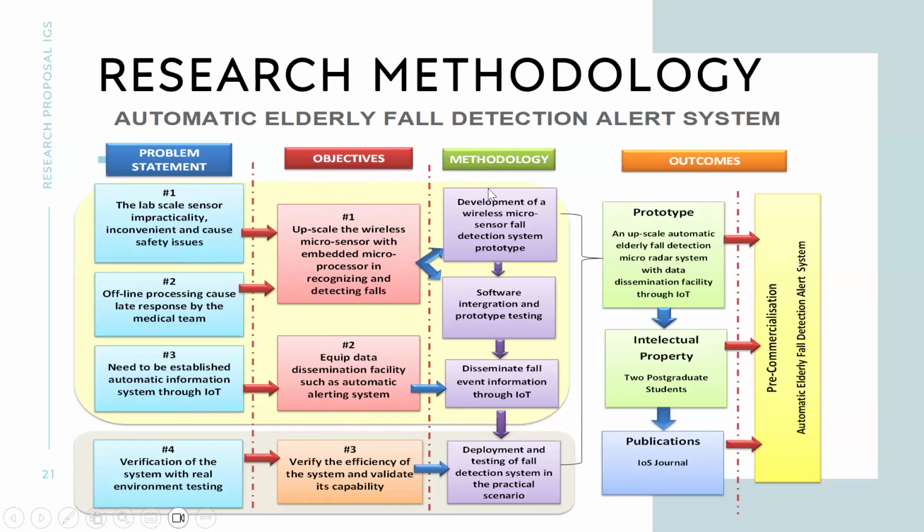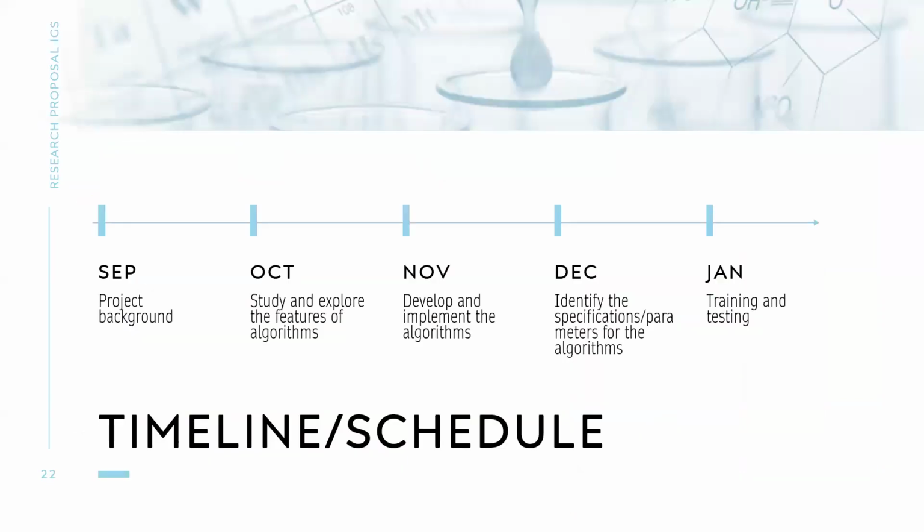This methodology 1 and 2, they design methodology 2 only to achieve objective 1. And from there, you can see the outputs from each stage. Okay, so this is not compulsory for you to put, but it's good to have. All right.